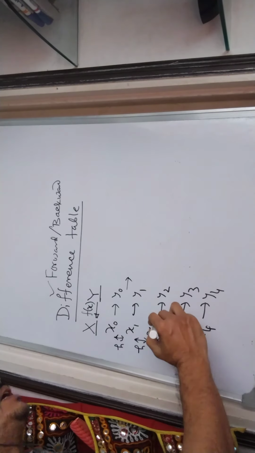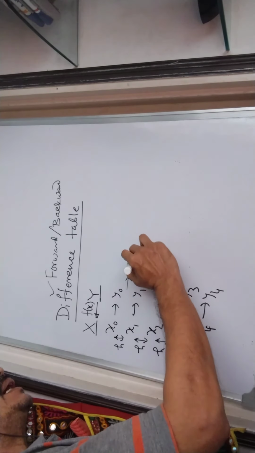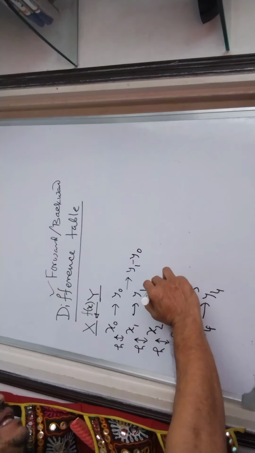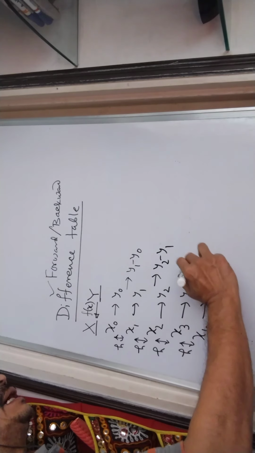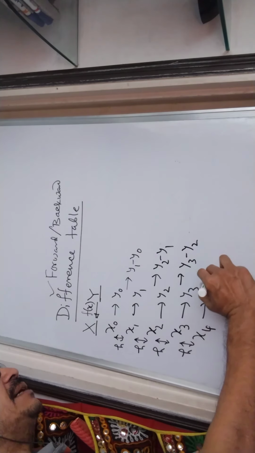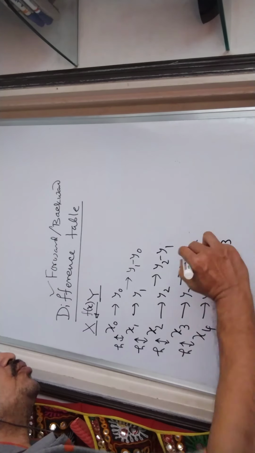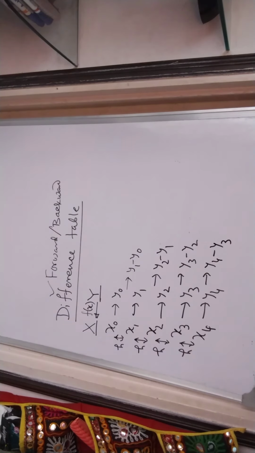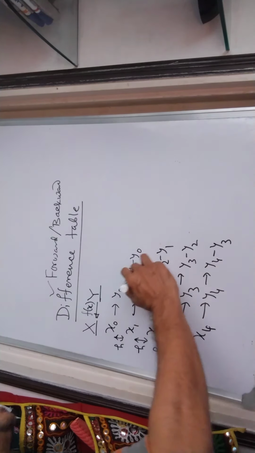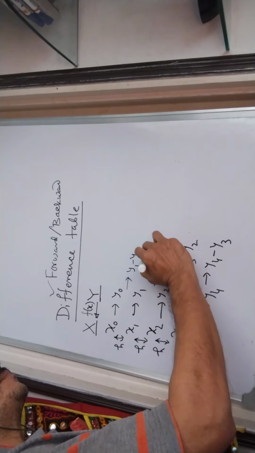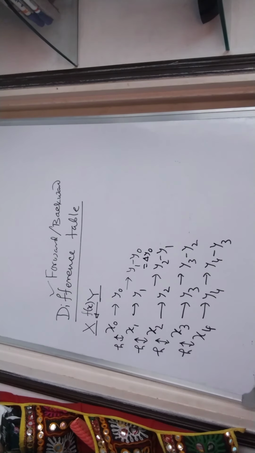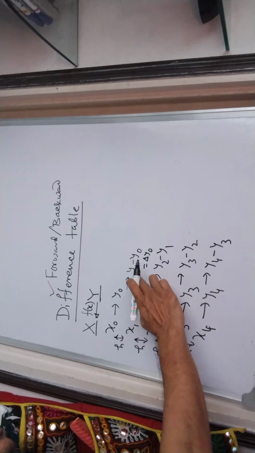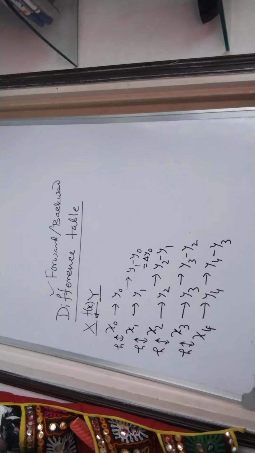So we calculate the difference between y1 and y0 and write it here. Similarly, we calculate the difference between these two, and these two, and these two, and it is quite reasonable to perceive that this is represented as delta y0, because f(x plus h) minus f(x) is delta f(x).